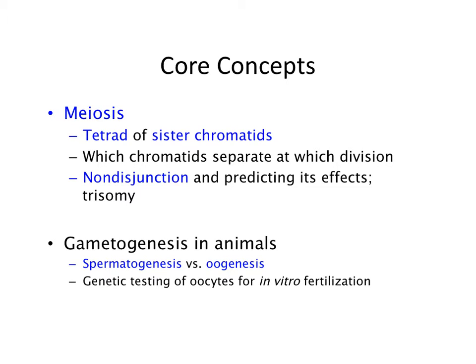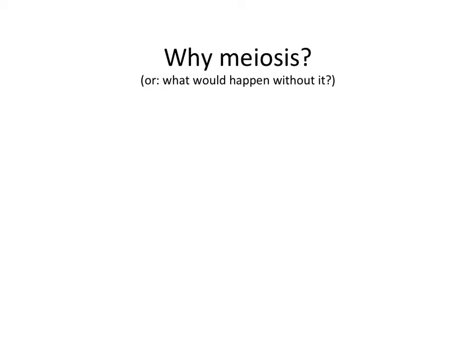Okay. So first of all, what's the point of meiosis? Why do we need meiosis? Or what happens without it? What happens? Go ahead. We're able to replicate or reproduce. I don't know. I can envision a world where we could reproduce without meiosis. I mean, it's a made-up world.